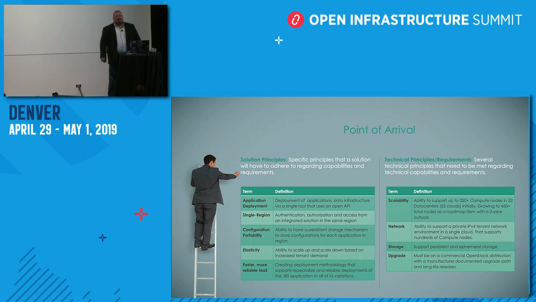Well, you've set up Neutron completely wrong now. You're not going to be able to do IPv4 inside of tenant networks and then give them their own private IP addresses, unless you've set up floating IPs. I'm not going to read all of these. These are the types of things that you need to think about. So you need to get your business requirements, your solution principles, and your technical principles and requirements all in ahead of time.